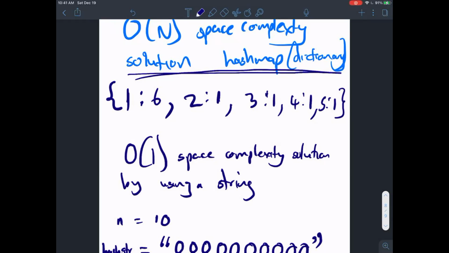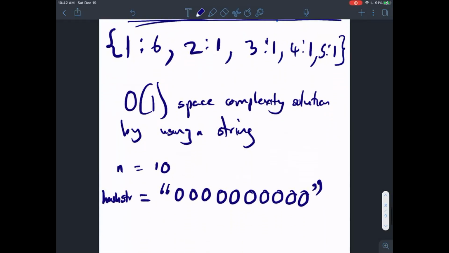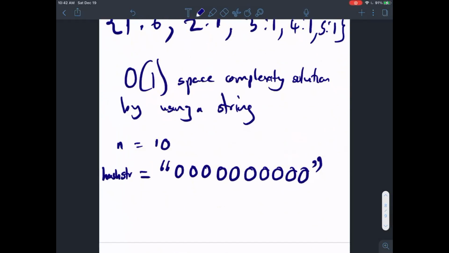But the difference is this string will always be fixed, because you have allocated it some block of memory at first, so that block of memory will always be fixed. Every time, you can use it to keep track of the numbers.